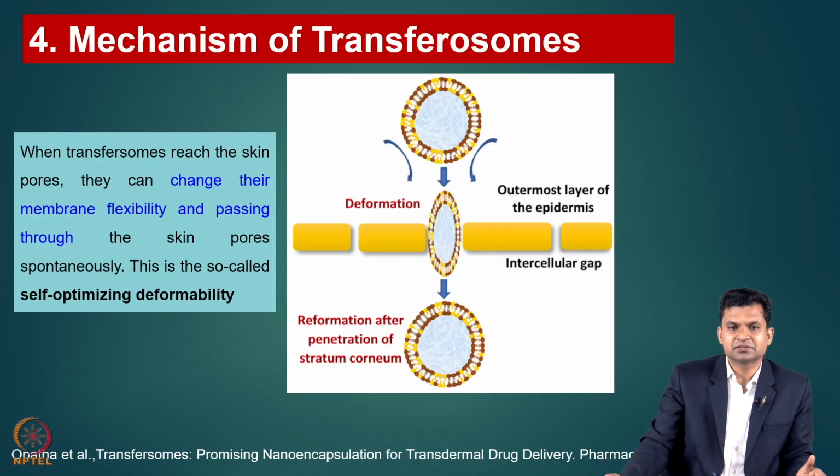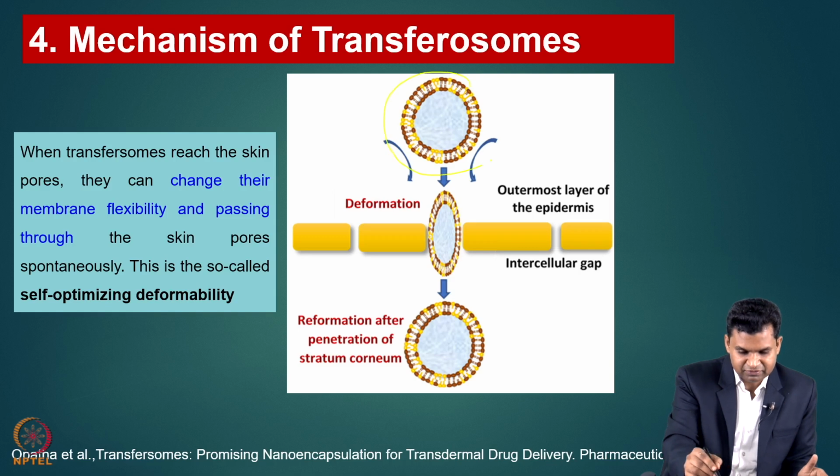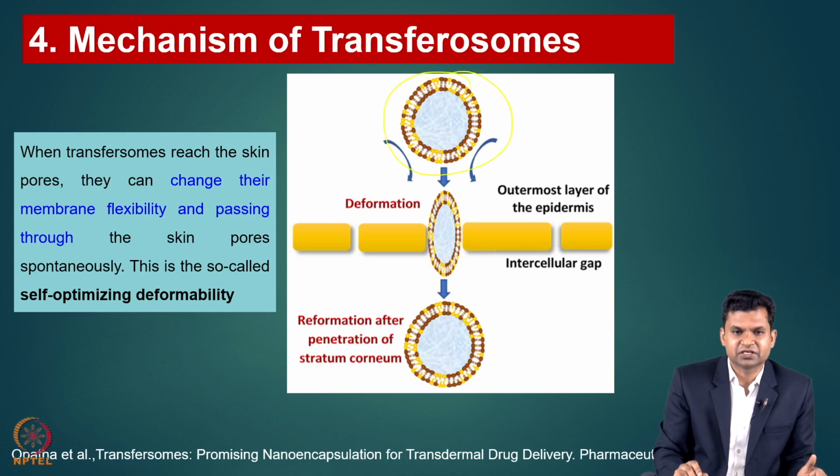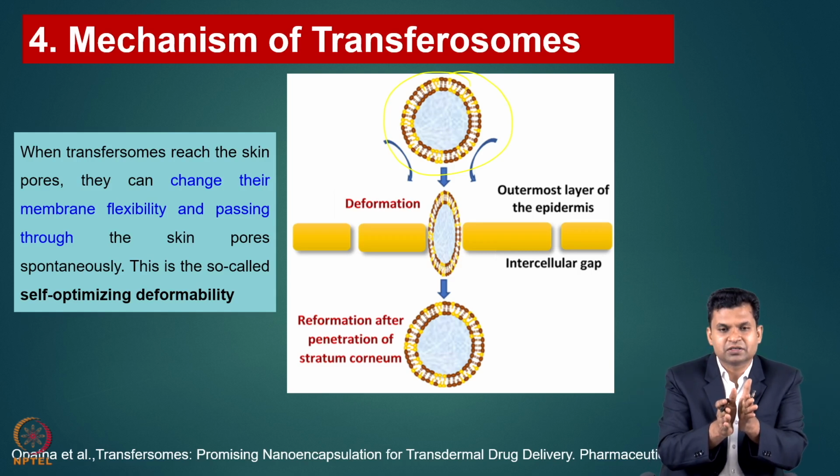They have a specialized function in transferring molecules through the various cellular membranes. Now, with this picture, we will see how the edge activator helps in penetrating the skin layers. Here you can see the edge activator containing vesicles, which are transferosomes. After administration, because of these edge activators, which soften and destabilize the membranes, the vesicle undergoes squeezing between the cellular gaps.